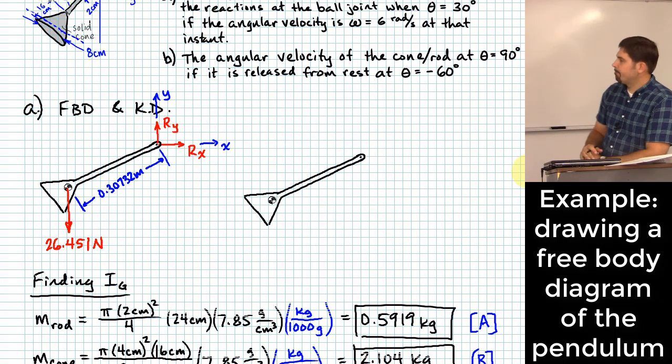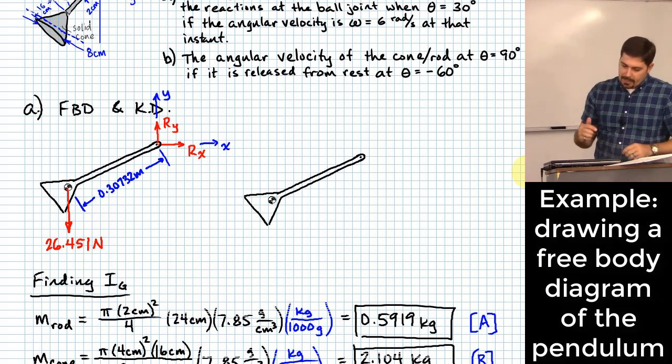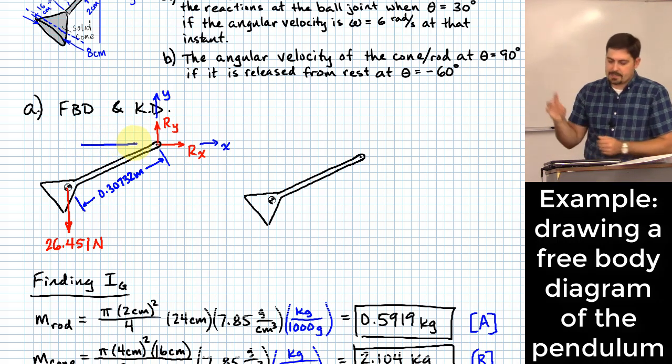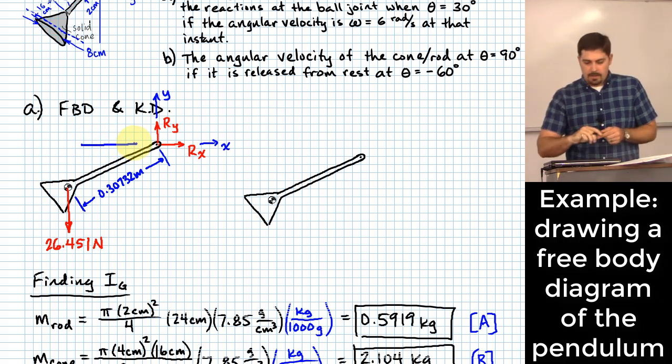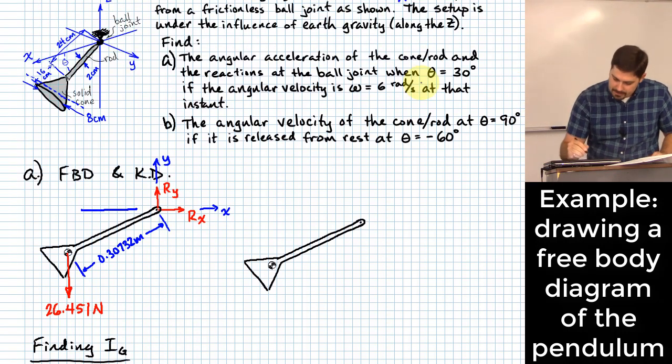Did I get it? Okay. All right, so that's one of the things I know, but I also know another thing, and it's based on this problem being at a snapshot in time, right? We're supposed to figure this out when theta is equal to 30 degrees.